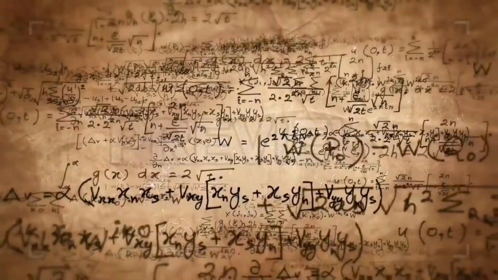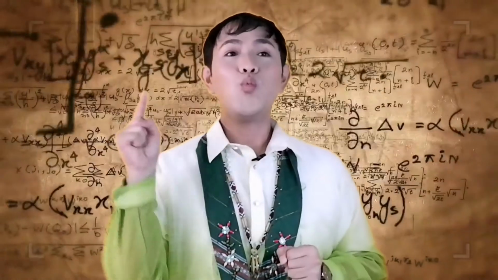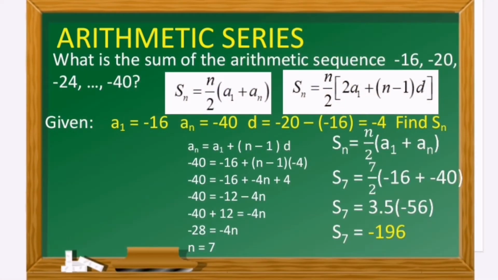365. The next question is, what is the sum of the arithmetic sequence negative 16, negative 20, negative 24, and so on until negative 40? Again, it's negative 16, negative 20, negative 24, and so on until negative 40.